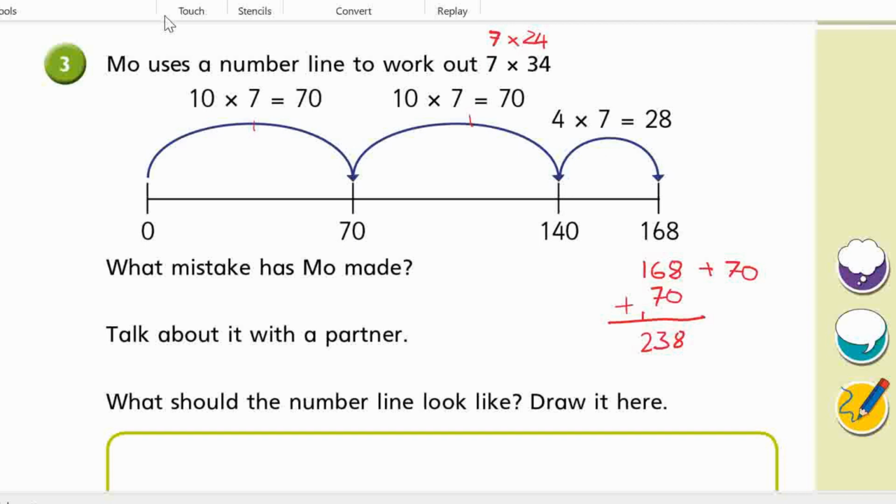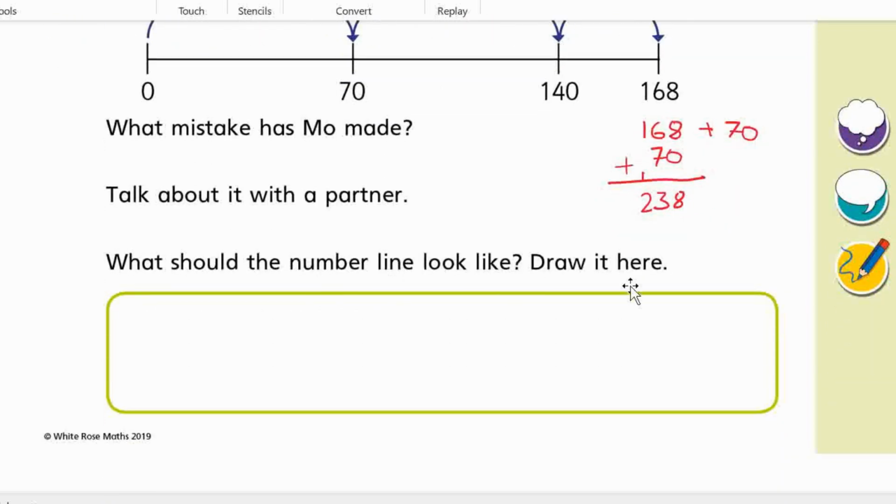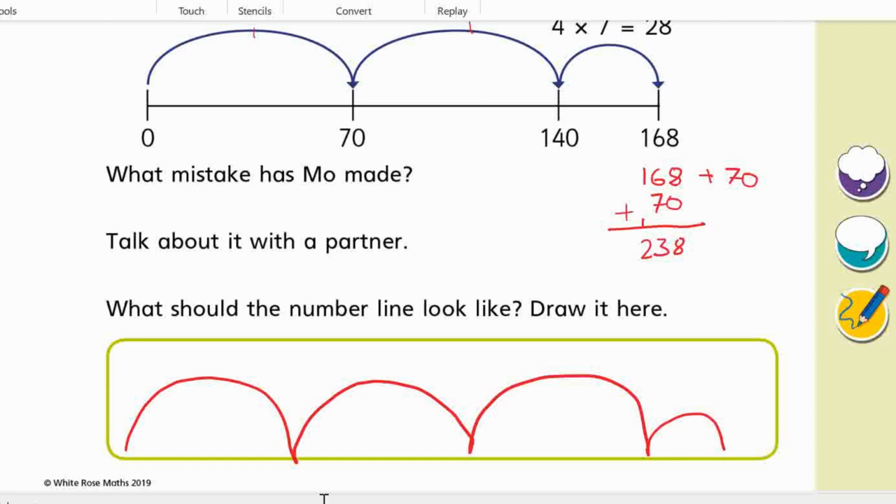Okay. Anyway, talk about it with a partner. We just discussed it. What should the number line look like? Draw it here. Well, he's only done 2, so it is the same: 1, 2, 3, but with an extra big jump, and then the little one at the end. So here we have our 70. What goes here? 70 plus 70. 140.